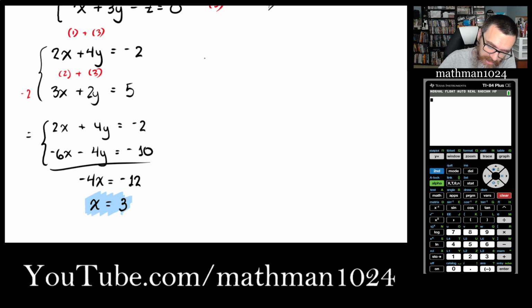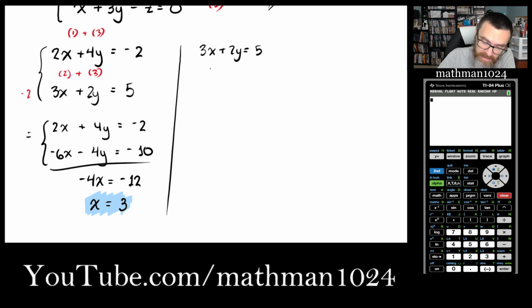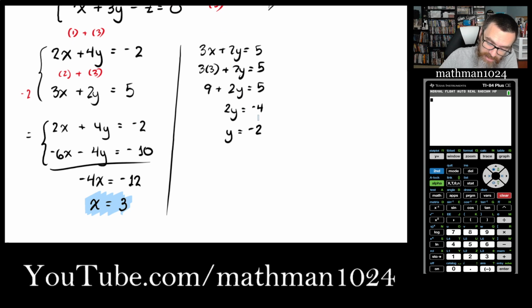I'm going to take the equation 3x plus 2y equals 5. Let's see what we get. So 3 times 3 plus 2y equals 5. 9 plus 2y equals 5, so that means 2y is -4, and y equals -2. Again, it's not my answer, it's going to contribute to my answer.